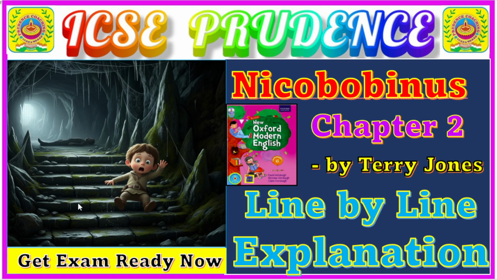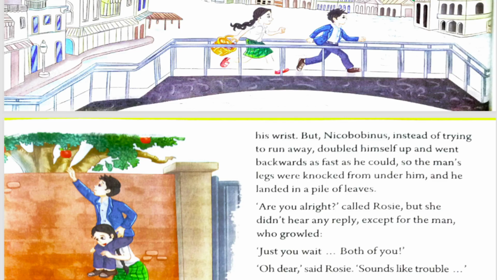They were now running across this bridge, as you can see in the picture. But midway, Rosie thought that they needed some food. So, as they were coming through the city, they found a huge apple tree by the side of a garden wall.